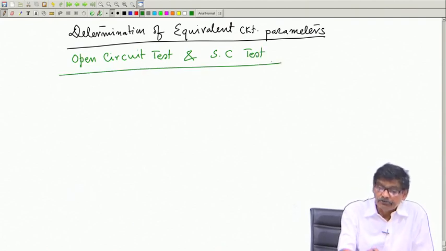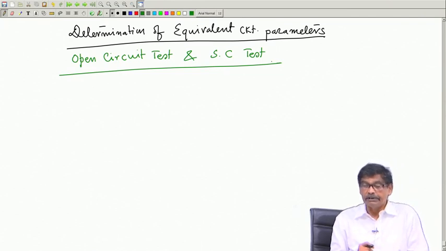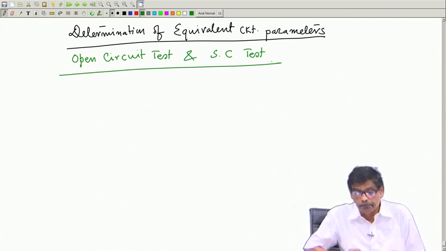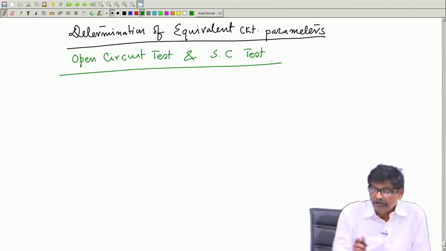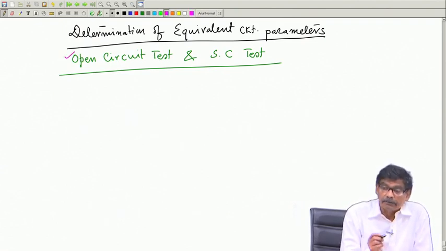You conduct these two tests in the laboratory and you can get all the parameters. How do I do the test? First, we will take up this open circuit test, what it is all about.